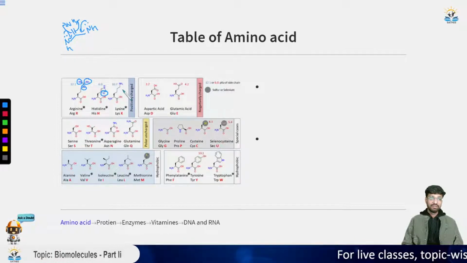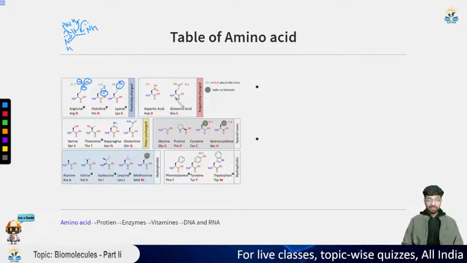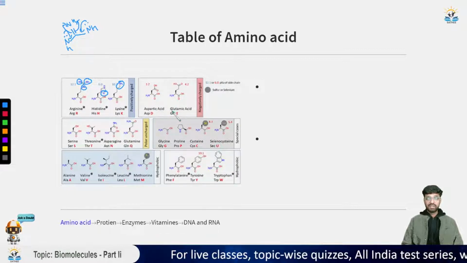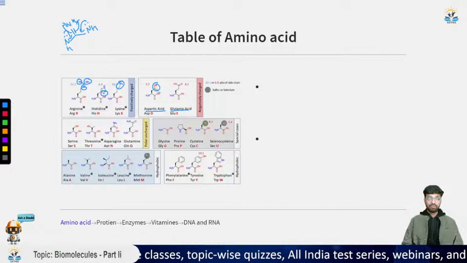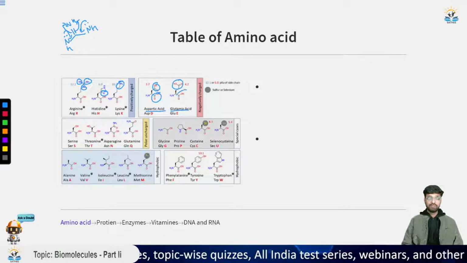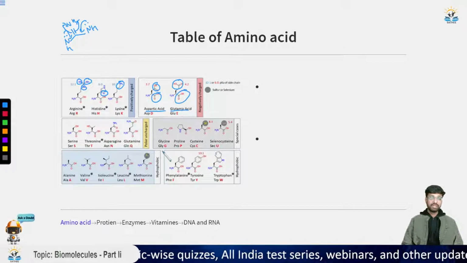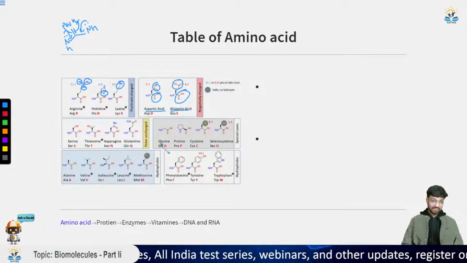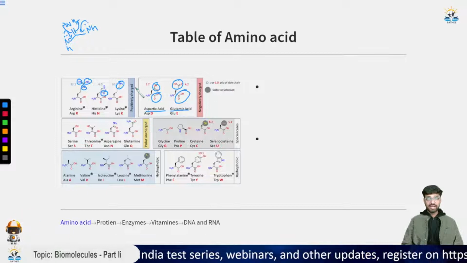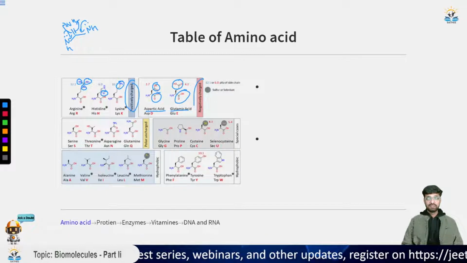Then we have lysine, which also has one extra NH2 group. Now coming to the extra COOH group, that is aspartic and glutamic acid. They are acidic in nature because they have two COOH groups. Here also the glutamic acid has two COOH groups. Now, polar and uncharged: why is it written positively charged and negatively charged?